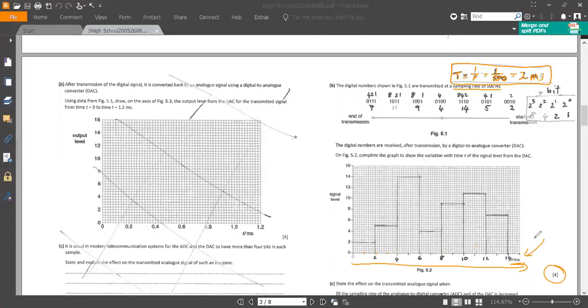Converting your digital numbers to your signal level also counts for a mark or 2. Then it is your x-axis and your steps. Also a reminder, I'm not using a ruler. This is basically the profile that you are going to get on this graph.